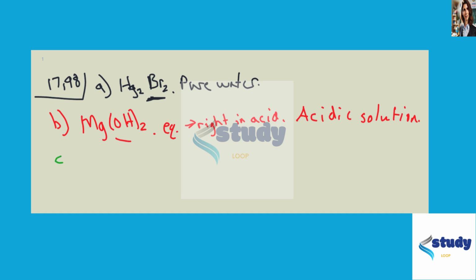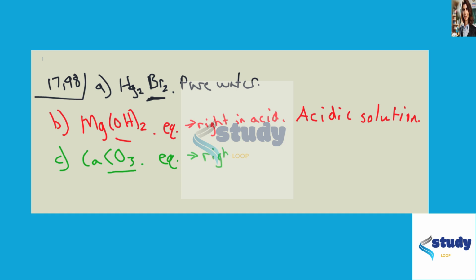For part C, we have calcium carbonate. For a similar reason as above, although not as strong an effect, because carbonate is not a strong base, it will react with acid to form either bicarbonate or carbonic acid.